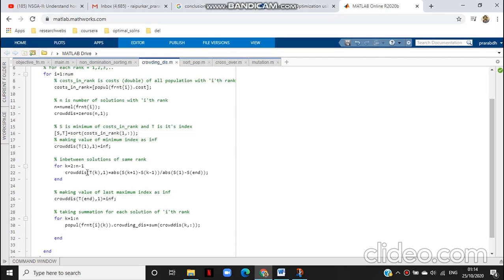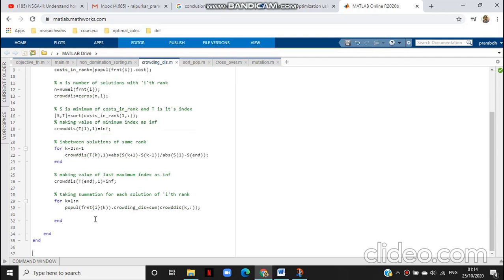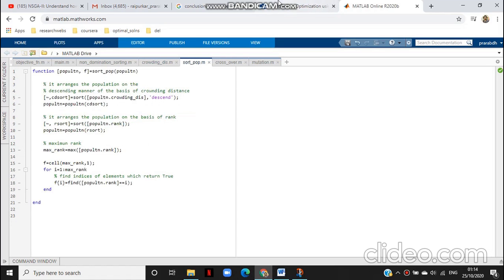And in between, all the points have their cuboid distance, the crowding distance, calculated according to this formula. This is a simple formula, and after this we will find all the crowding distances.